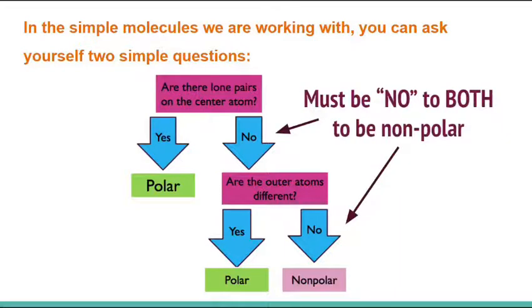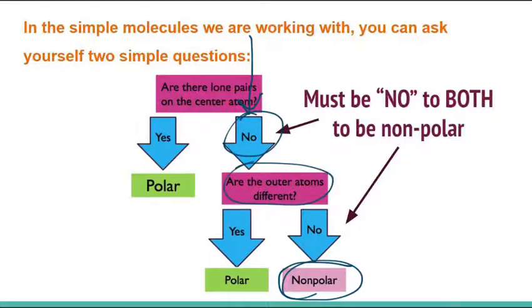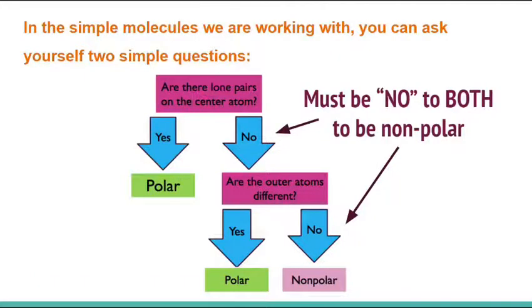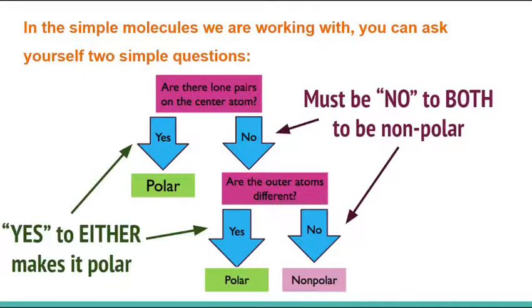In order to be nonpolar and actually get down to the point where my answer is that I am nonpolar, I have to start by asking my first question and get a no, and then answer my second question and also get a no. So we have to say no to both of these questions to be nonpolar. But notice that as soon as I say yes to either of these questions, then my molecule is instantly going to be polar.